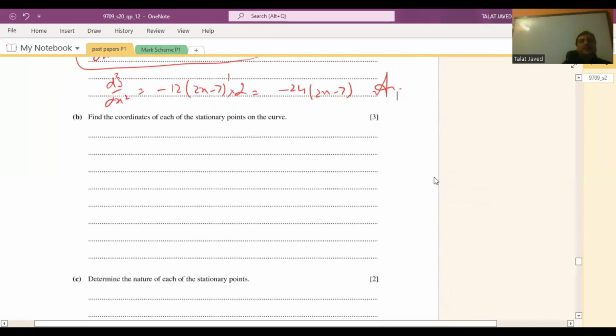Find the coordinates of the stationary points. So at a stationary point dy by dx is equal to 0.